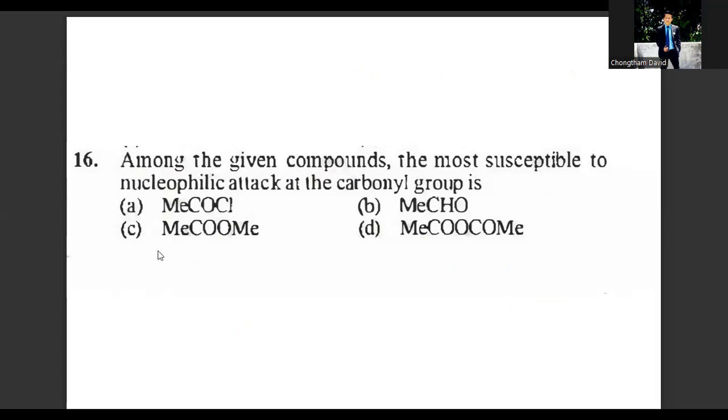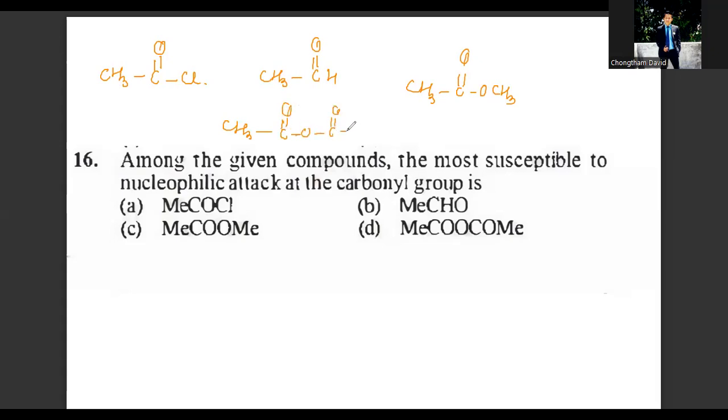So if you would like to draw the structures of all these given compounds, you can write here: ethanoyl chloride, acetaldehyde, propanoic acid, and beta keto acid.